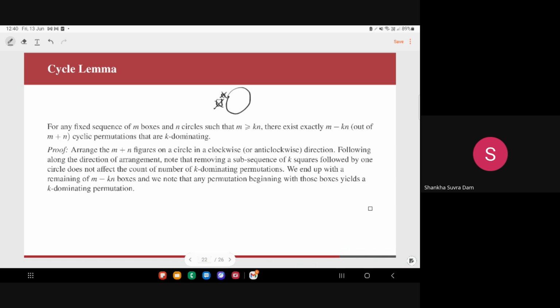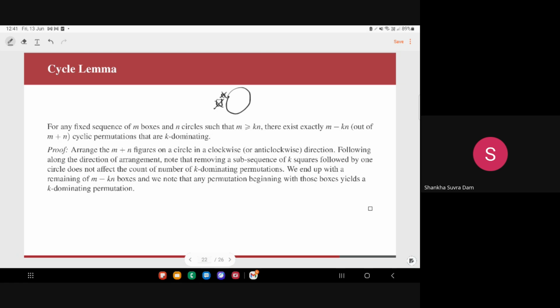And following along the direction of arrangement, note that removing a subsequence of k squares followed by one circle does not affect the count of the number of k dominating permutations. Here k was 1, so we were cancelling out a circle and then a square before that. For k dominating, it would be cancelling out a circle and k squares.